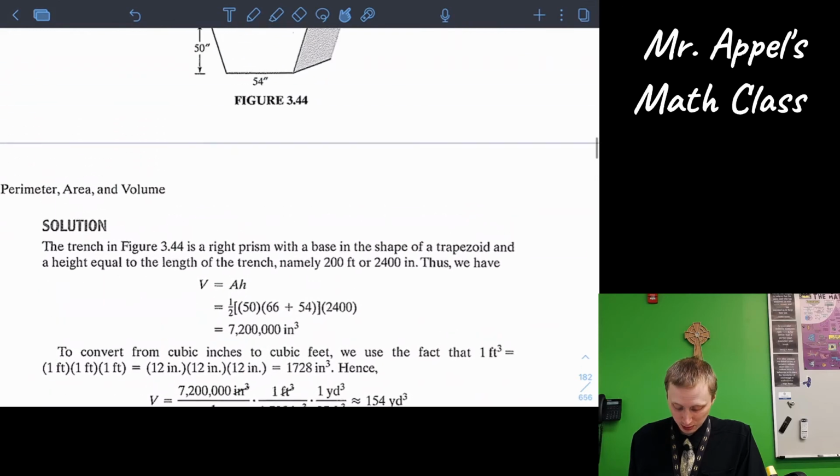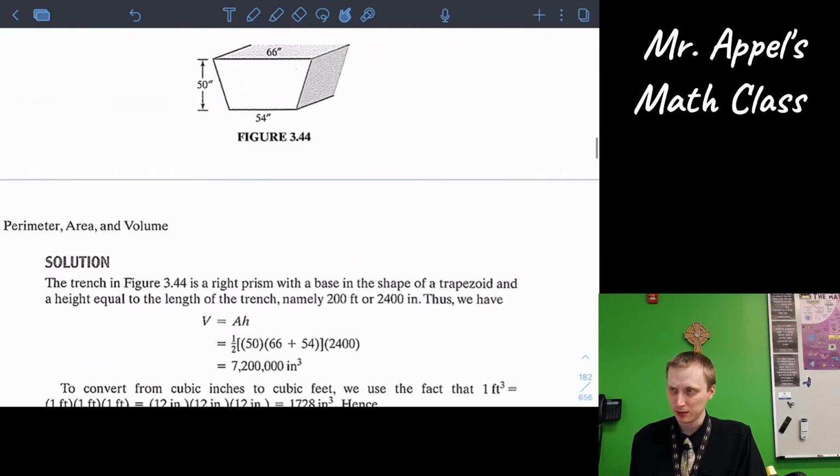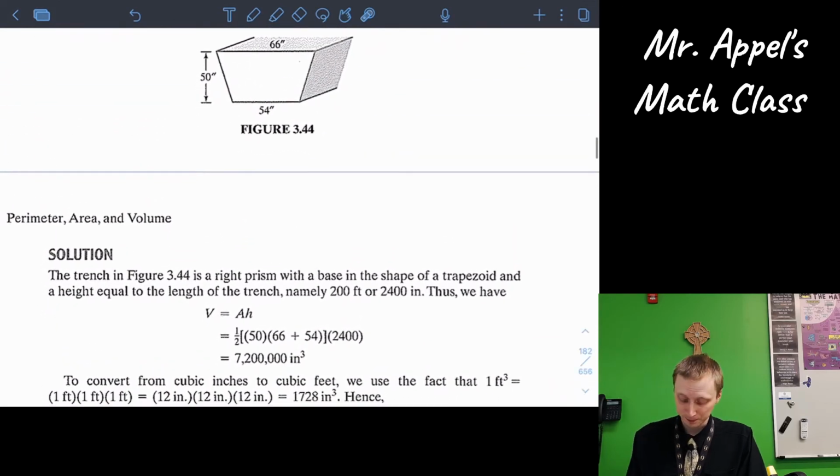So our trench, let me get a solution in figure on the screen there. The trench in figure 44 is a right prism with a base in the shape of a trapezoid, and the height equal to the length of the trench, namely 200 feet. Okay, we were told how long it is that way, which at 12 inches per foot is 2,400 inches. And thus we have volume, area of the base times that height.